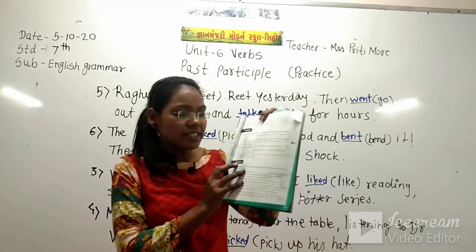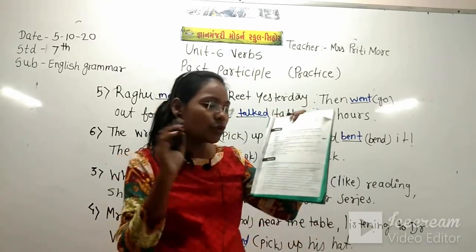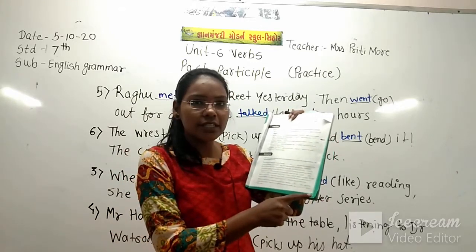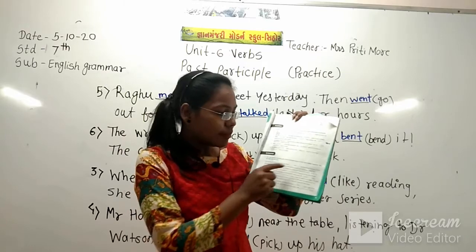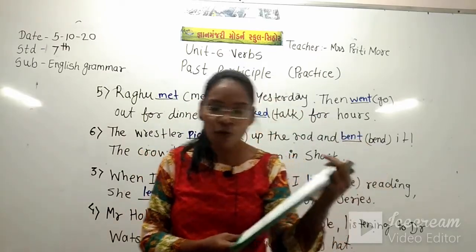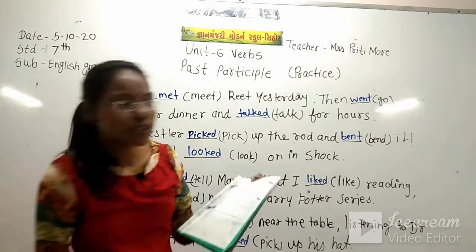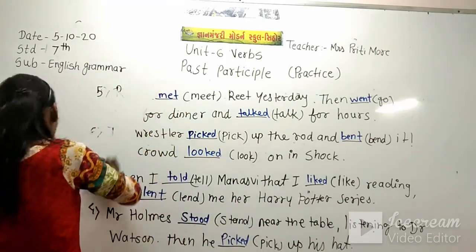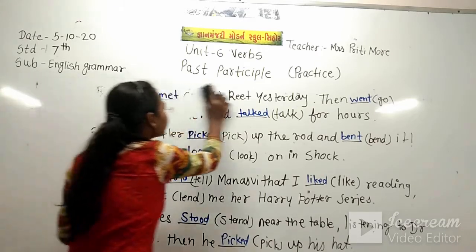So I will just tell you the answer. You also take your GE book on page number 27 and in that blank space you have to write the correct verb form. So I just rub this and let's do the extension exercise.